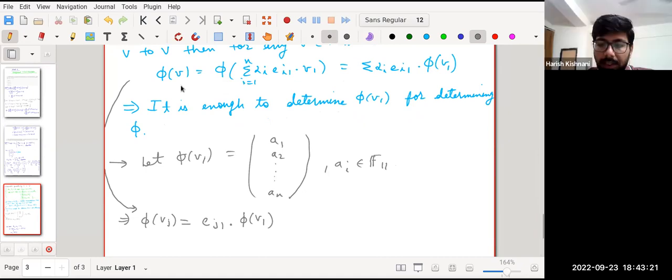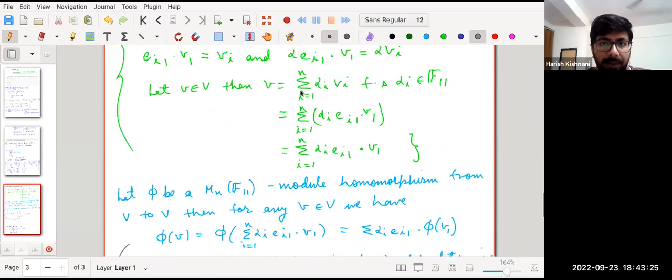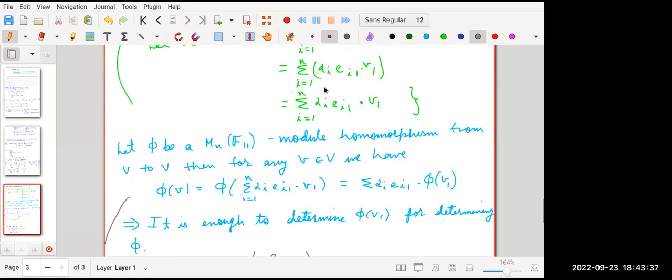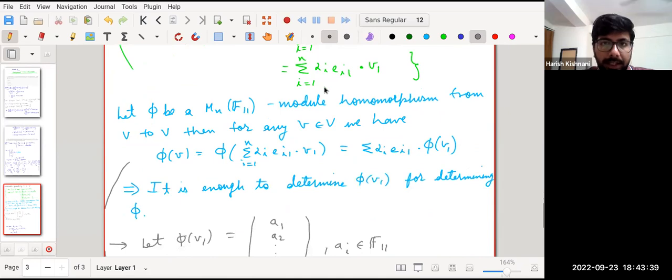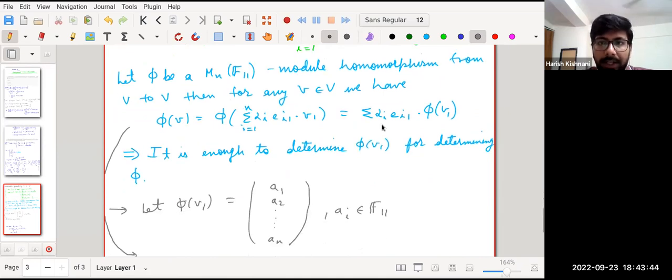Okay, so v was your summation of alpha i vi. If we have vj, that means all alpha i's are 0 except alpha j, which is 1. So with the help of that notation, we get phi of v, that is summation of alpha i e_i1 dot phi of v1.